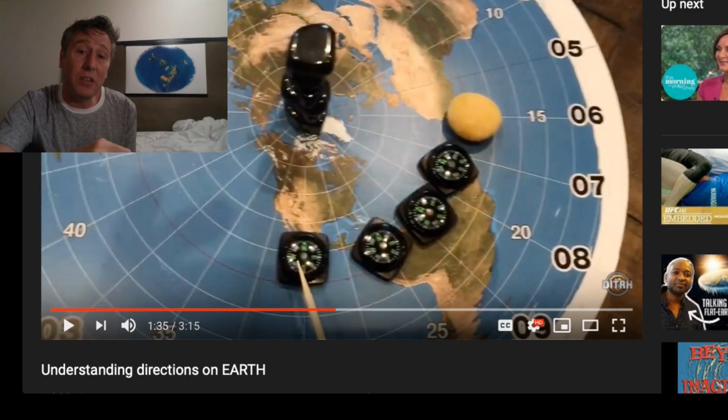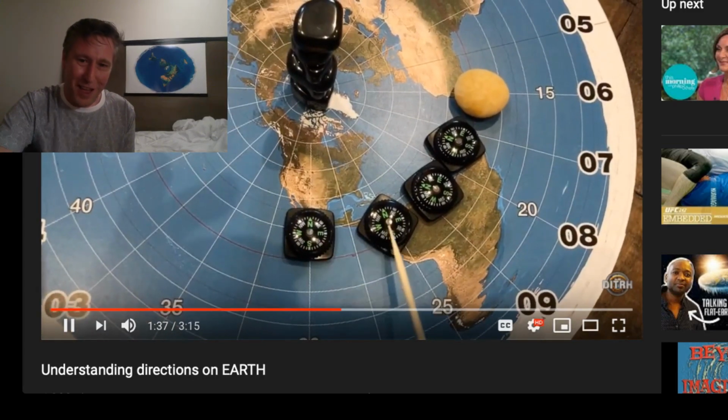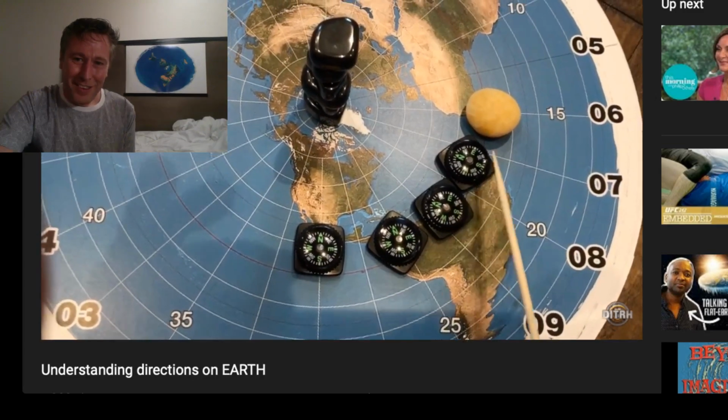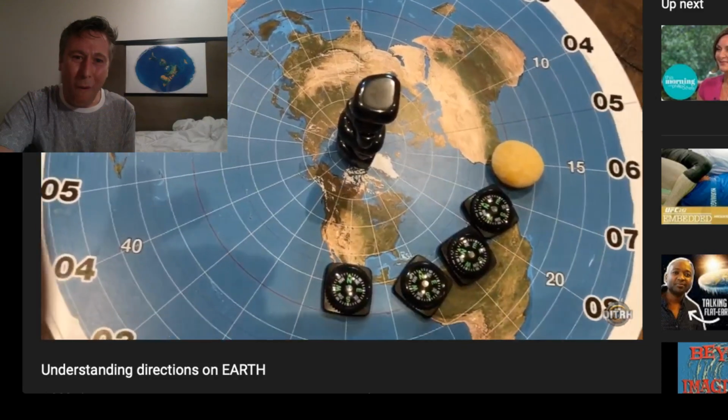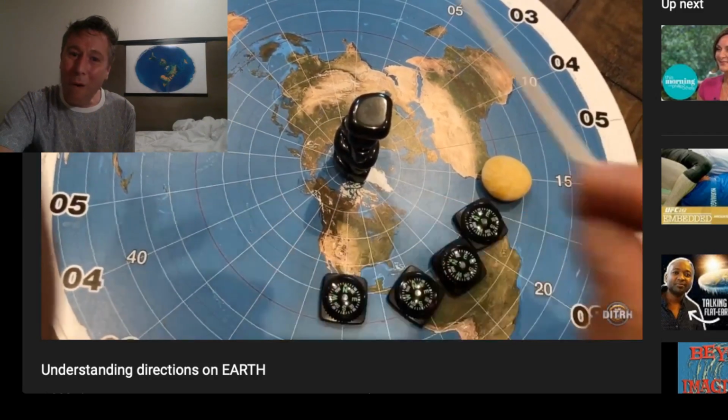These compasses are just symbolic of a person on a plane, looking at their compass whilst they're flying in an eastward direction in a circle. That's right. They're going to hit the sun. East wraps around and goes right to where the sun is. East is always a circle around the magnetic center. West is the other direction.